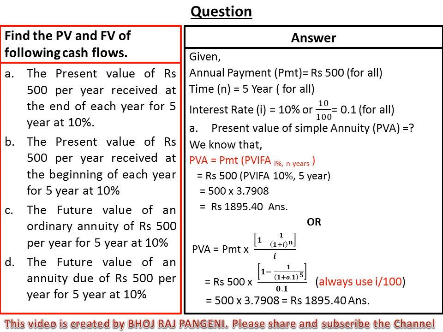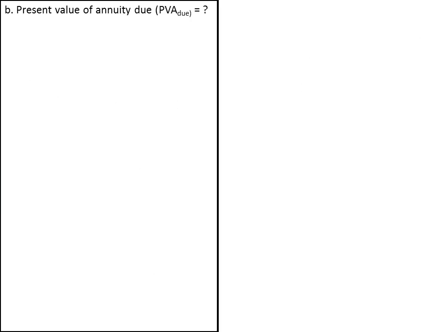Now for part B. Don't forget the annual payment is 500, N equal to 5 years, I equal to 10%. Now we are going to solve part B, present value of annuity due, PVA due.